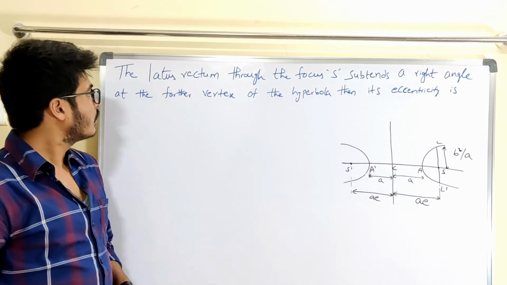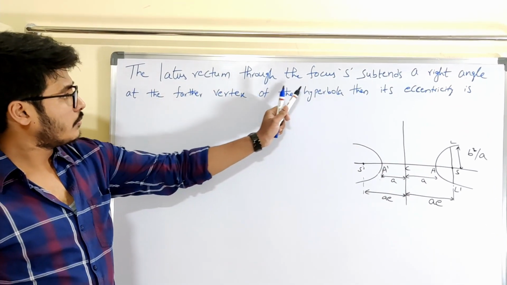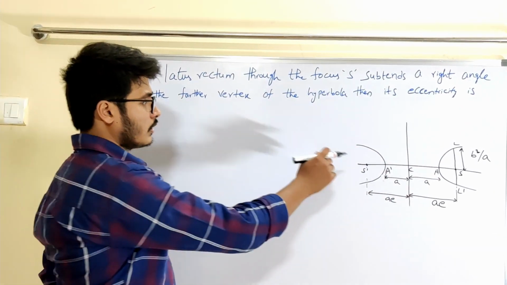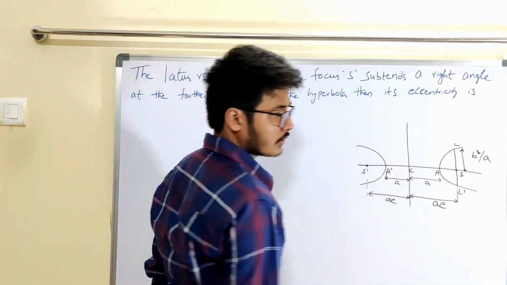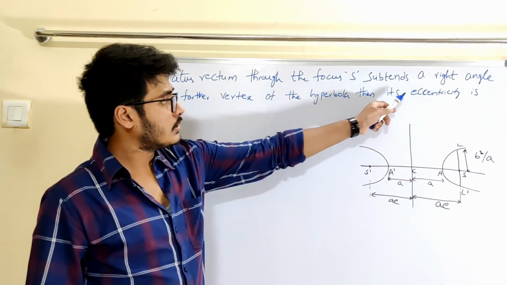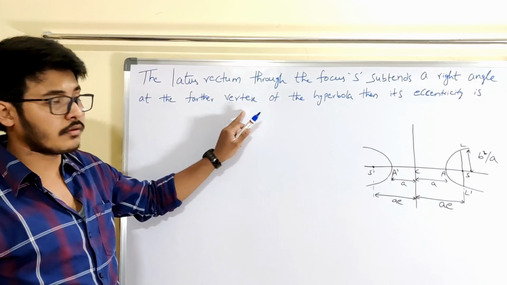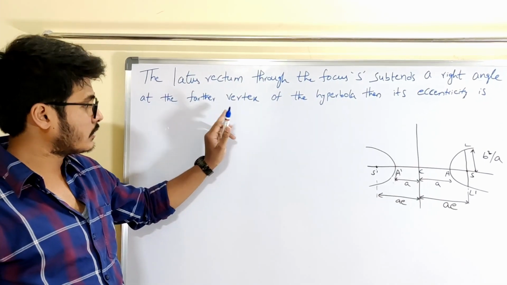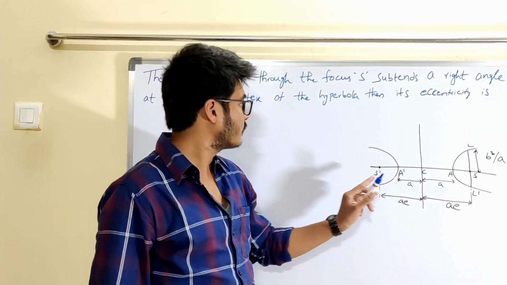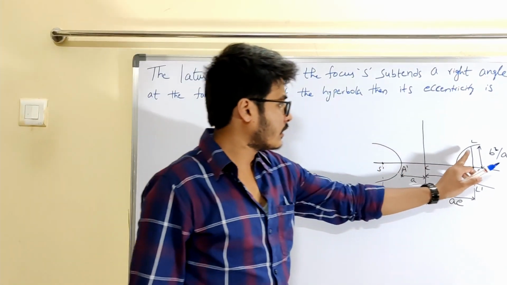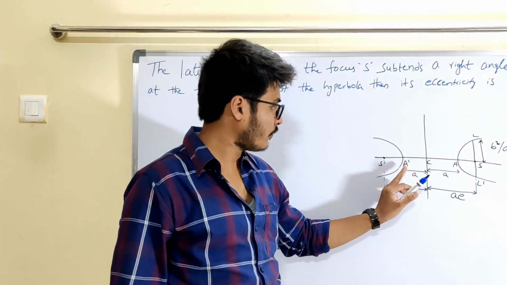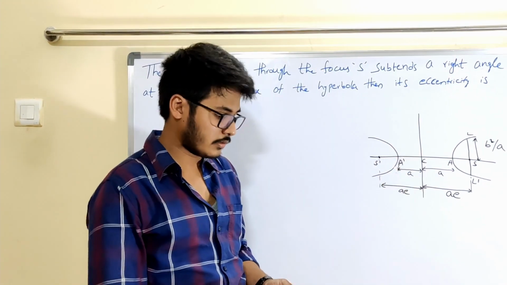Now we will see here the latus rectum through the focus S, nothing but L and L dash, subtends a right angle at the farther vertex. Here farther vertex is A dash. So the latus rectum here is making an angle of 90 degrees at A dash.